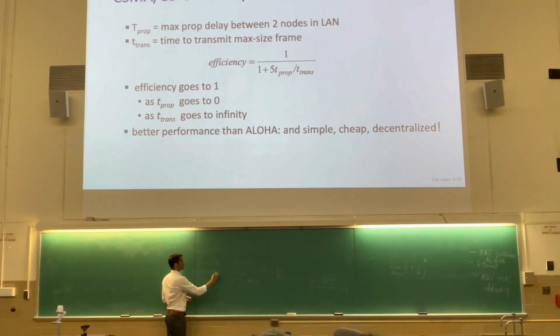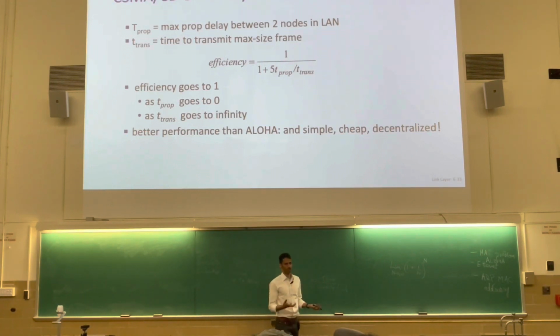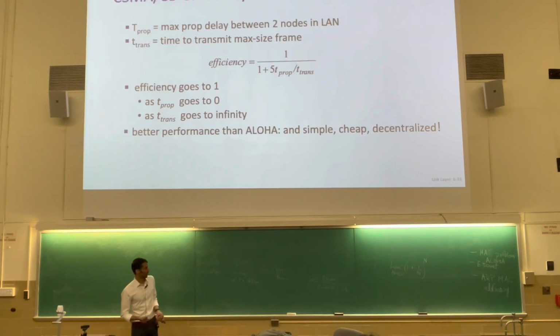And let's look at 100 Mbps. This is a very common Ethernet speed, right? Most of the computer science department is either on 100 Mbps or 1 Gbps Ethernet. Some parts maybe on 10 Gbps. But let's start with 100 Mbps. Okay? Is this all we need to compute efficiency?